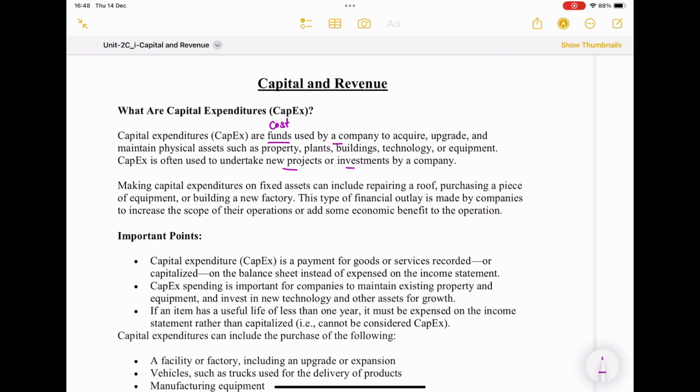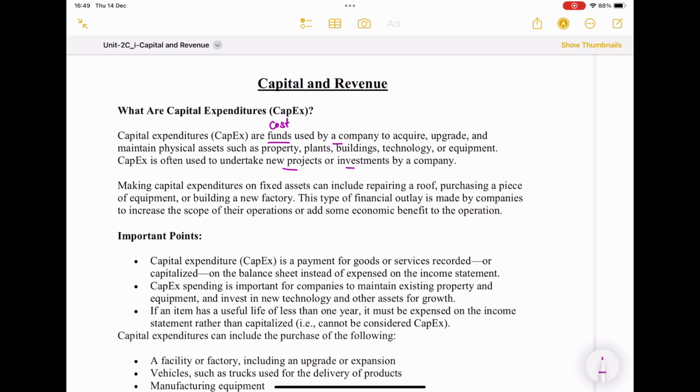Maintaining an asset or purchasing a new asset for the company, or when we start a new project or production units, at that time the company will incur lump sum expenses.